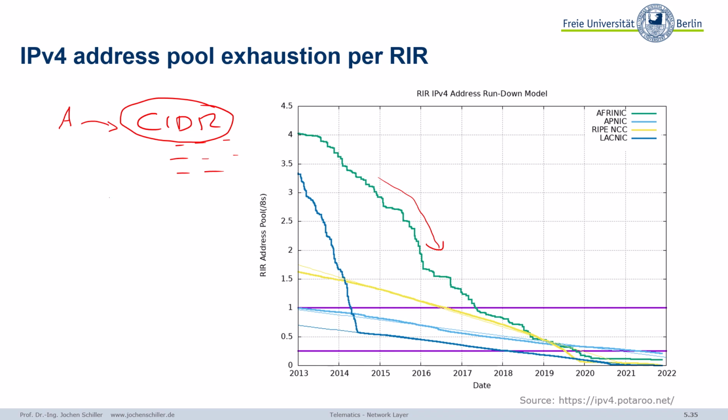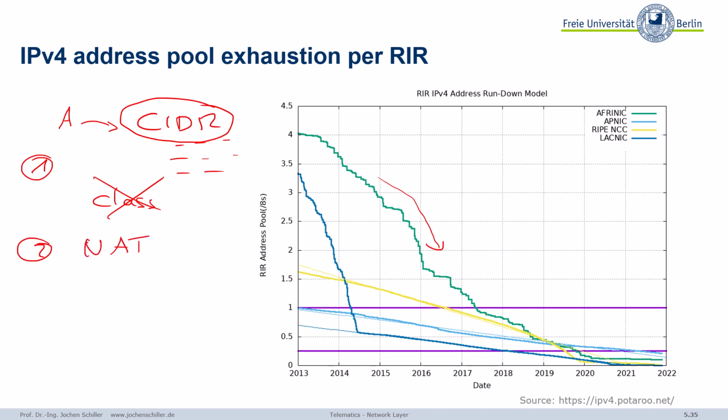We stop using those classes that waste a lot, so that the used address space looks more like a Swiss cheese. That does not mean that we use all the 2 to the power of 32 addresses, but due to this class scheme, we wasted many addresses. That's one thing to do. There was a second thing to do, and that was network address translation.